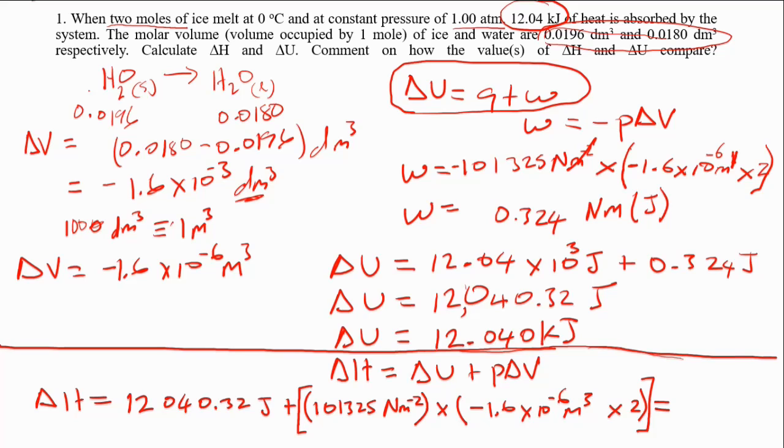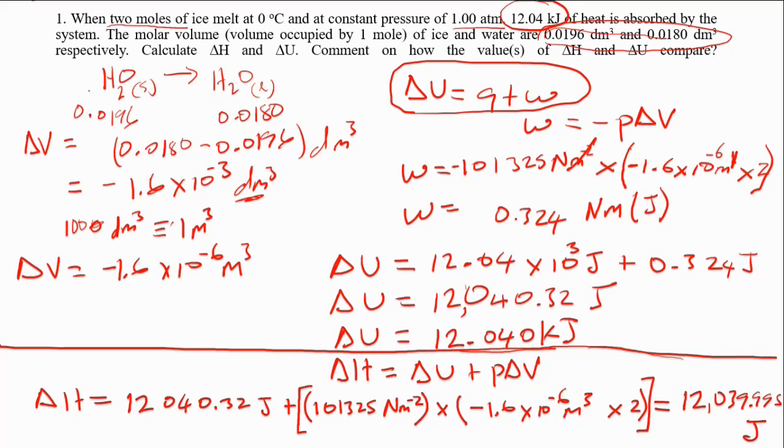I'll even check it once more, but this is the value that I got. I got a value of 0.995, and this is in joules. That is the value that I got.